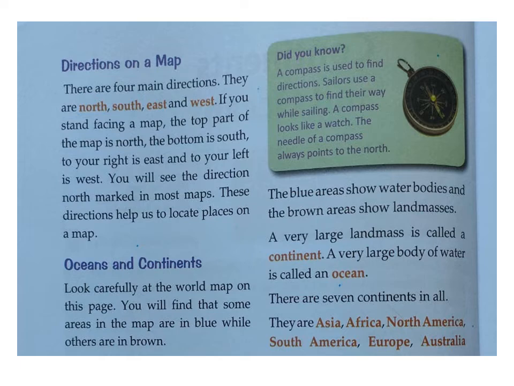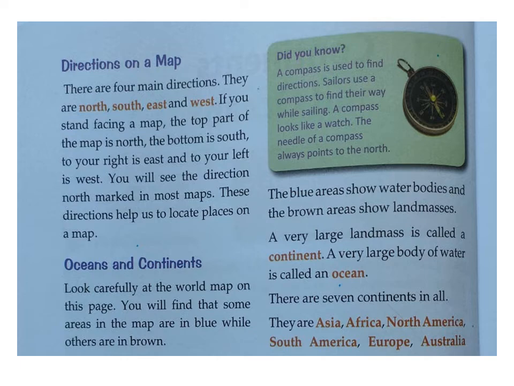Okay, now after this we will discuss the continents and oceans one by one. First we will discuss the continents. As you can see in the next slide, the world map. Continents are the large parts of the land. The land is divided into 7 parts in the whole world.